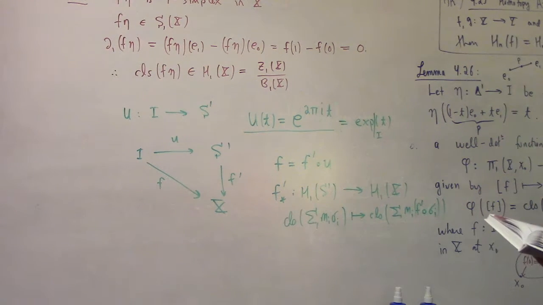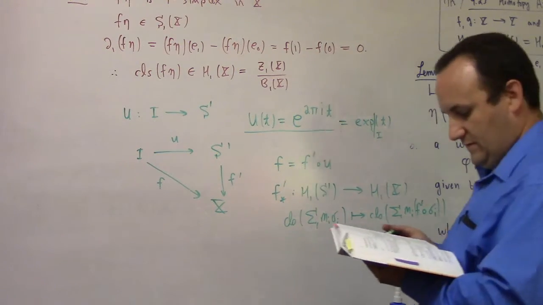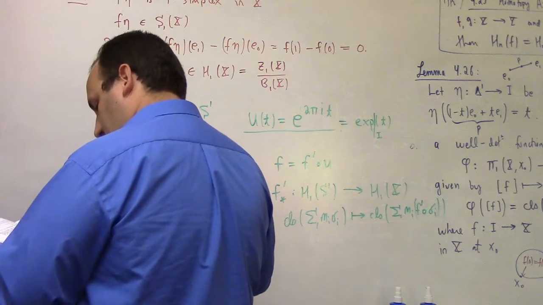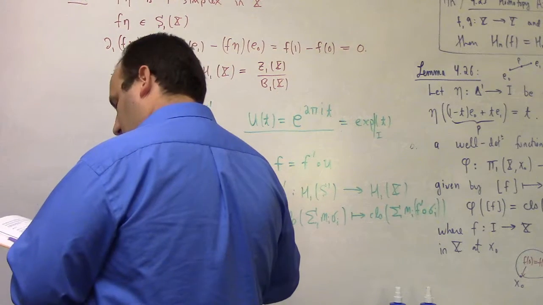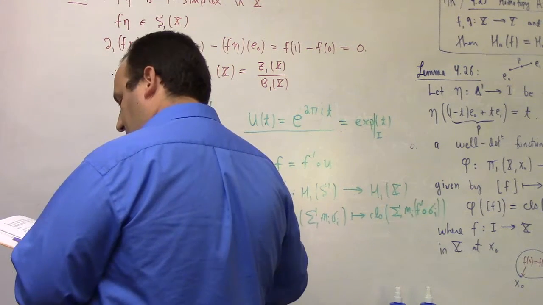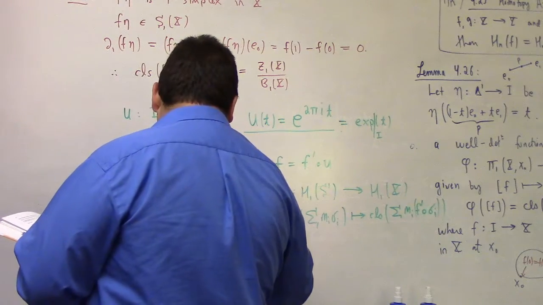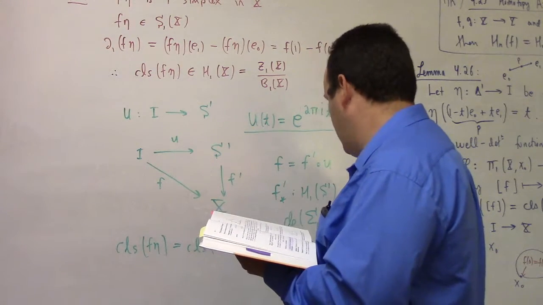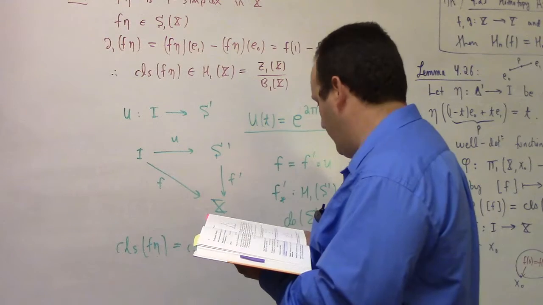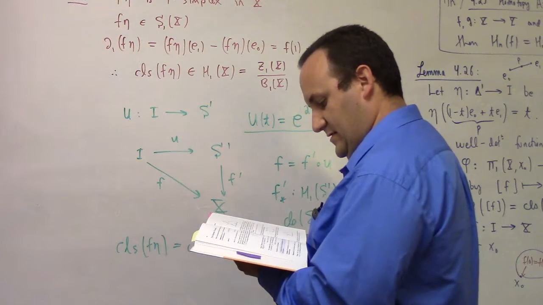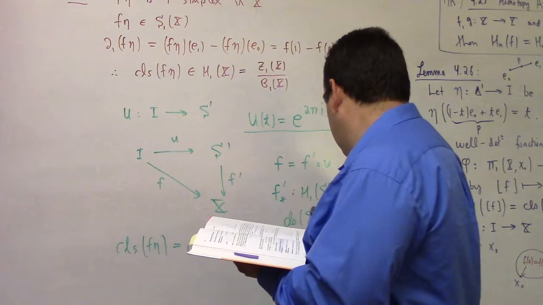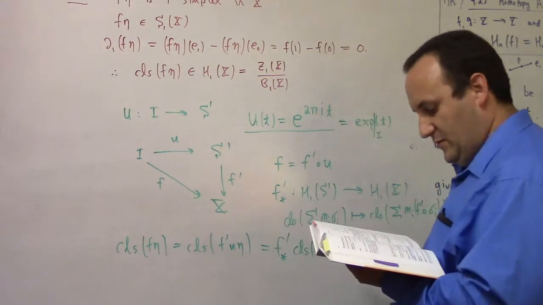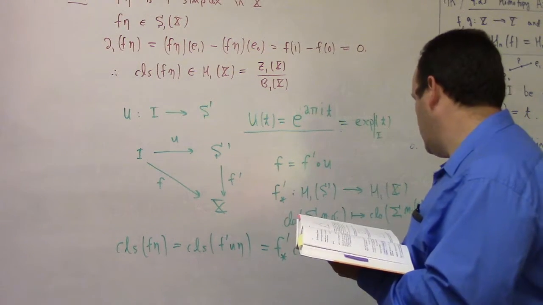Right. He says it follows that the class of f eta is equal to the class of f prime, which is equal to the induced map, the f prime induced map on the class, which is an element of H1 of x.